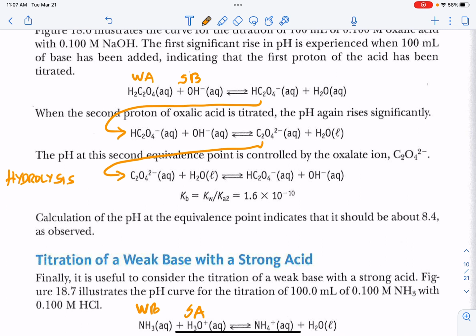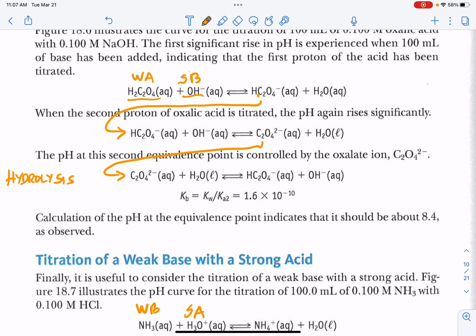So let's say we're doing a titration with the weak acid, oxalic acid, and some strong base. And in a strong base or a strong acid, of course, the cation or the anion is the spectator ion. The first step in the reaction is for the H2C2O4 to become HC2O4 with a minus charge.